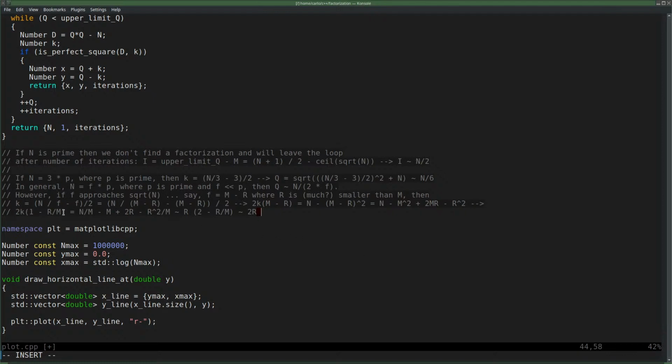Plus we have here more or less the same thing anyway. So let's remove this factor and replace this with 2. And then you get 2K equals 2R. K is more or less R.